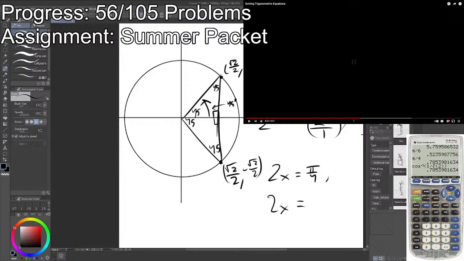45 degrees, or no, I put pi over 4, then all the way around. Here is 7 pi over 4. So that's my answer for the other one.